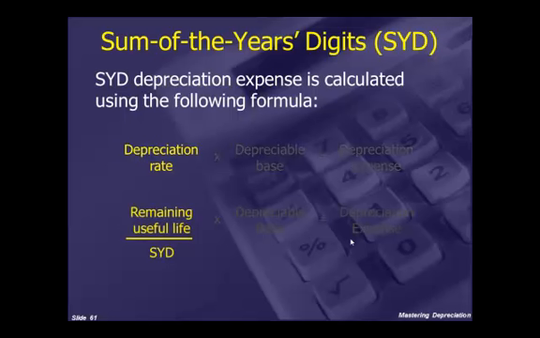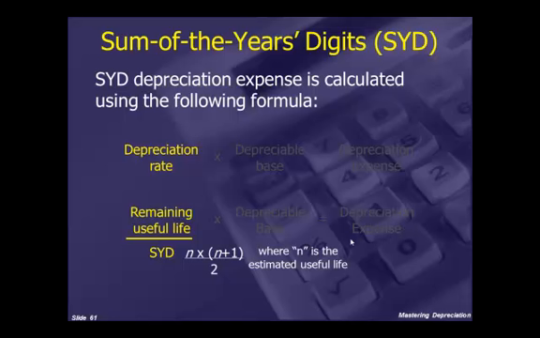So we're going to take the remaining useful life divided by the sum of the year's digits, and we're going to multiply. There is a formula: n times the quantity n plus 1, divided by 2. N refers to the number of years of the estimated useful life.